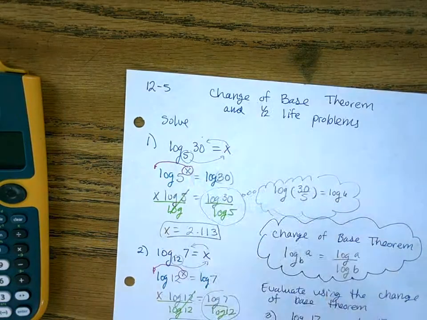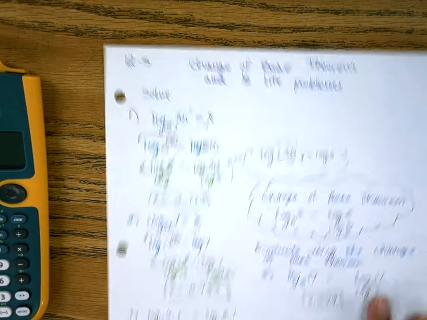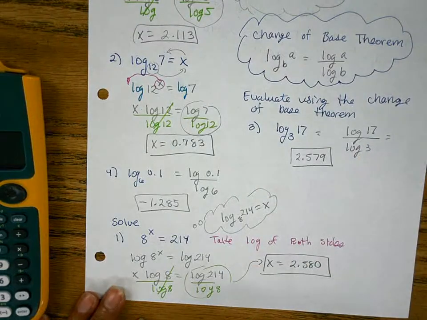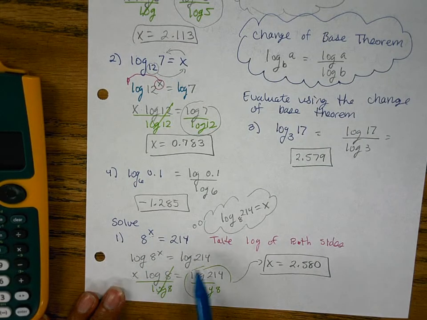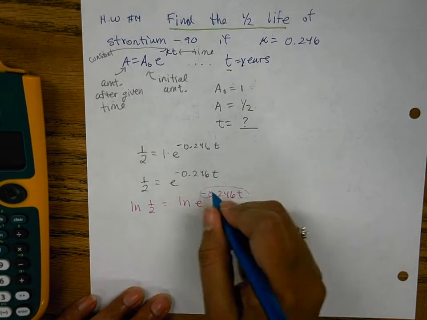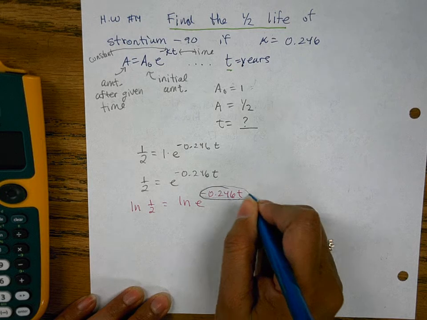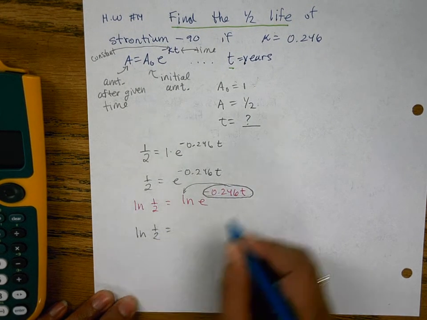I took log of both sides. Same thing over here. Here's my variable, it's an exponent, I took log of both sides, and we kept doing that even down here. There's my variable, it's an exponent, I took log of both sides, and I do that to get the variable down to the coefficient. Okay, so we're going to do that next. This is going to get kicked out to the front.